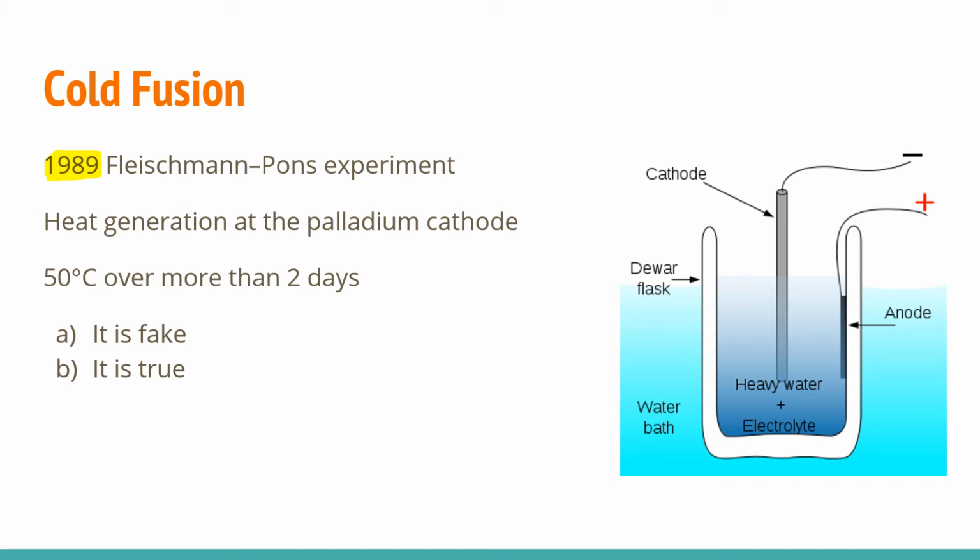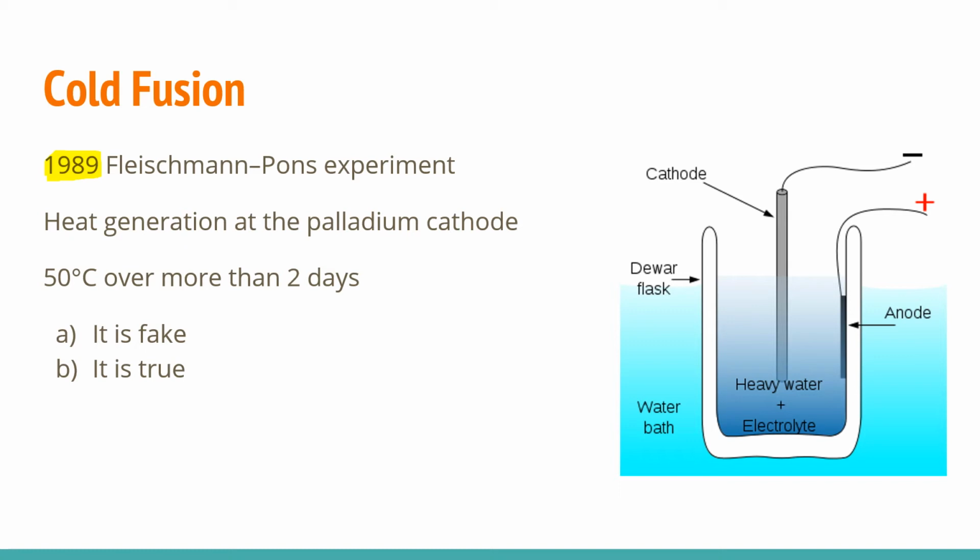Fleischmann and Pons were really experts in measuring things like energy or heat in water. That is a difficult thing. In the first moment, you think it's quite easy to understand, but it is tricky.